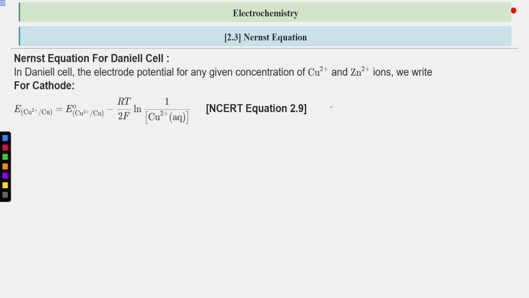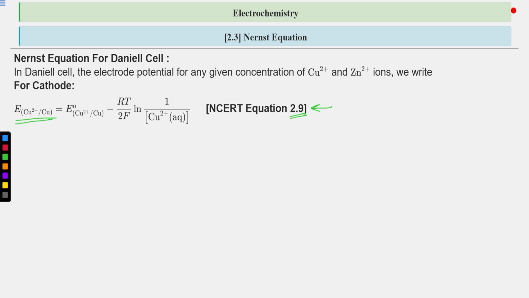So the Nernst equation for that will be E of copper 2 positive to copper equals E naught of copper 2 positive to copper minus RT by 2F ln 1 by the copper 2 positive aqueous concentration. This E of copper 2 positive to copper we are determining in this equation, which is marked as NCERT equation 2.9 in our NCERT chapter.